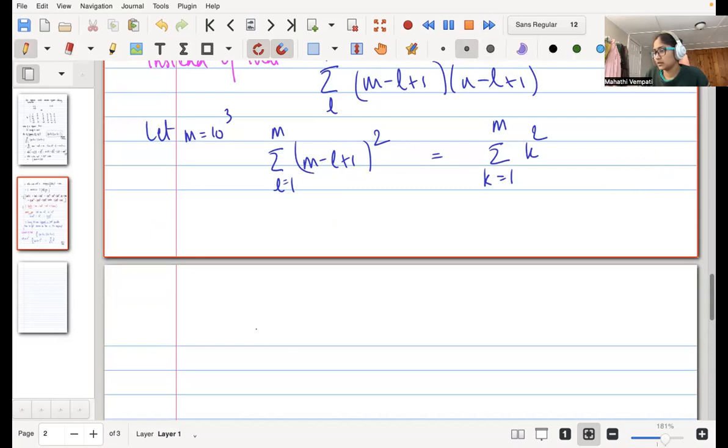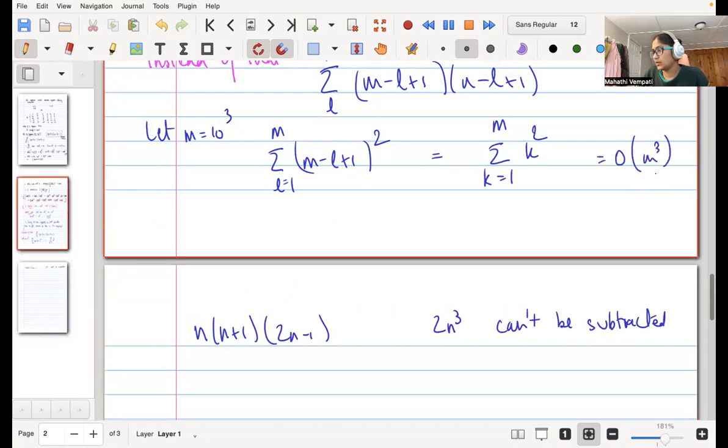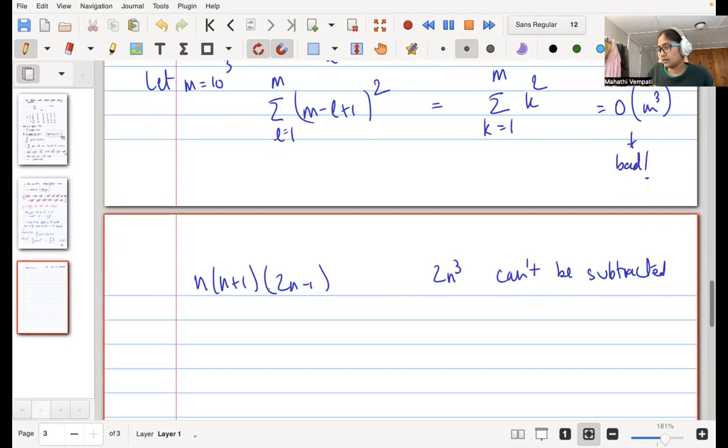So what I can do, this has n into n plus 1 into 2n minus 1. So this has a cube term, 2n cubed, that can't be subtracted, right? So this is like order m cubed, which we know is bad. So this is, I guess, how I could have gotten that whole shenanigans. But yeah, I wasted time. That's okay.